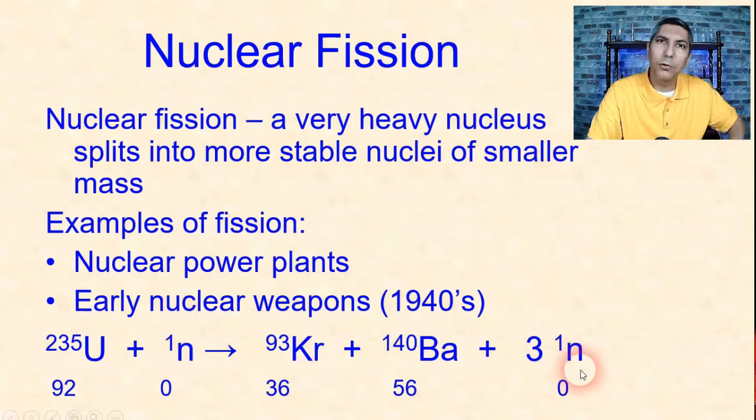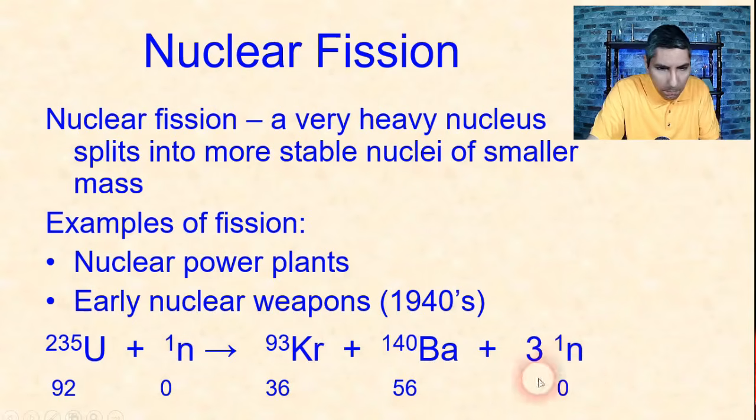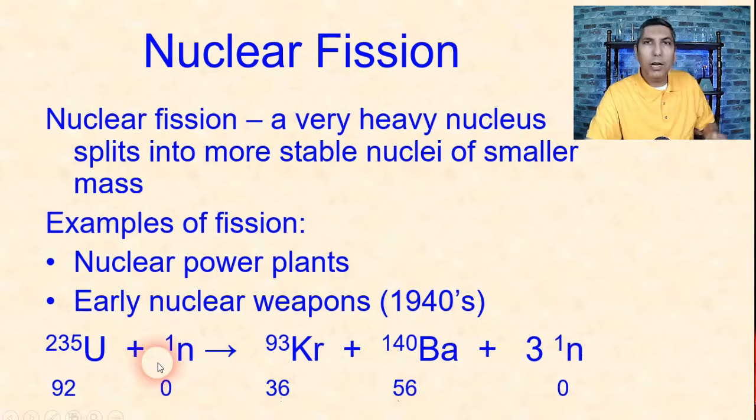Now, where do you think those neutrons are going to go? Well, they don't just go home and go to sleep. Those 3 neutrons are going to go back over here, and they're going to hit 3 other atoms of uranium-235. And the process is going to repeat. And it's going to spit out these other isotopes again. But this time, the second time around, you don't get 3 neutrons.